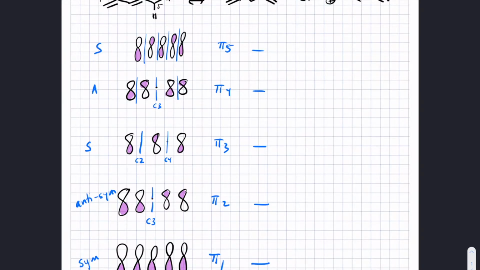The first answer is the most unsatisfying one: the math makes it that way. You calculate how much of the orbital is on each atom, and for pi 3, the math tells you there is 0 orbital on carbon 2 and 0 orbital on carbon 4. That's not very satisfying because it's a mysterious box of math that says things have to be the way they are.